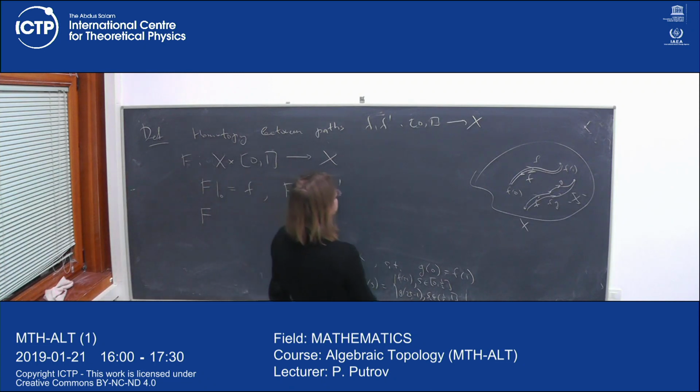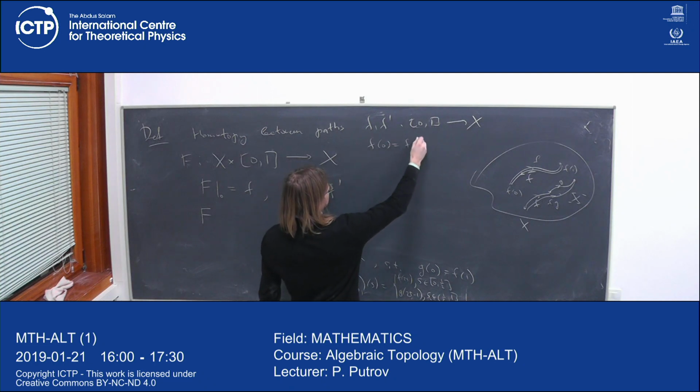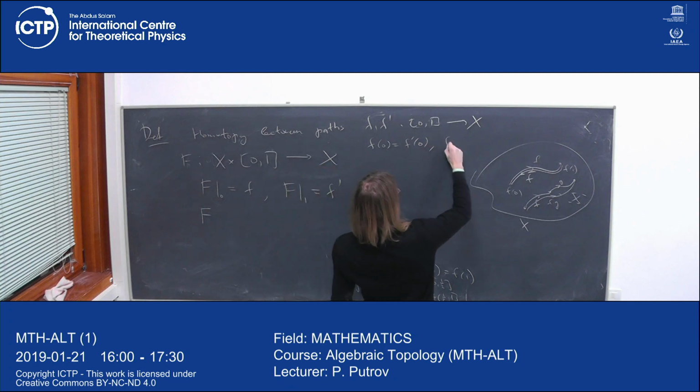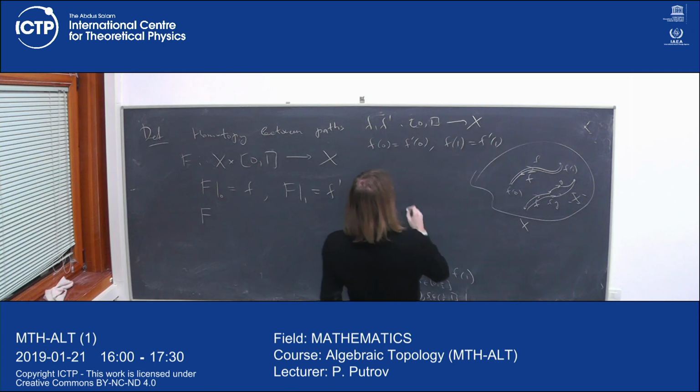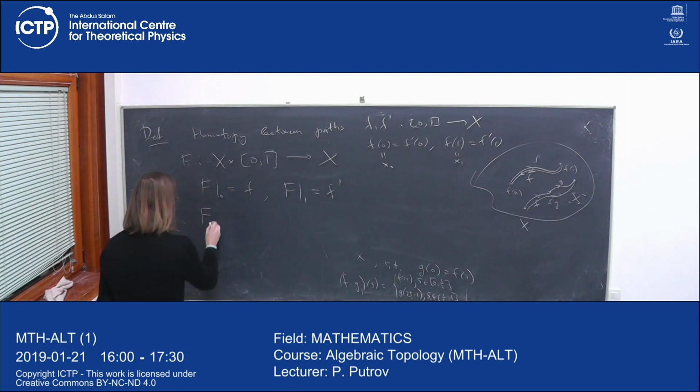when I consider paths, I want to consider paths that have the same start and endpoints. So let me put in x0 and x1. And I want the same conditions as for homotopy.